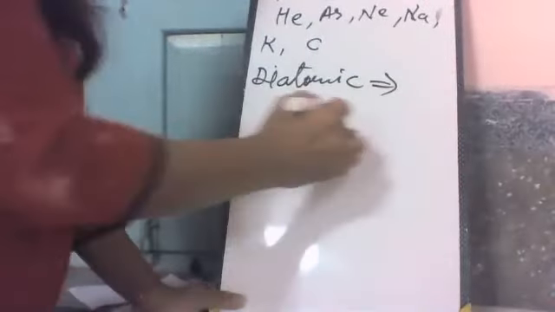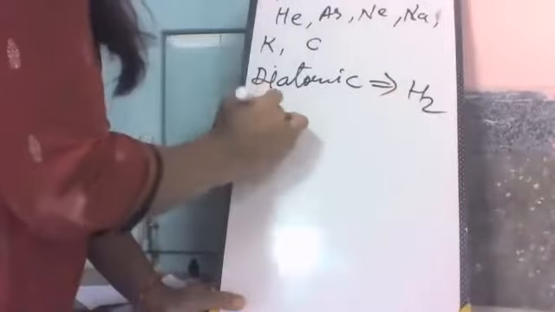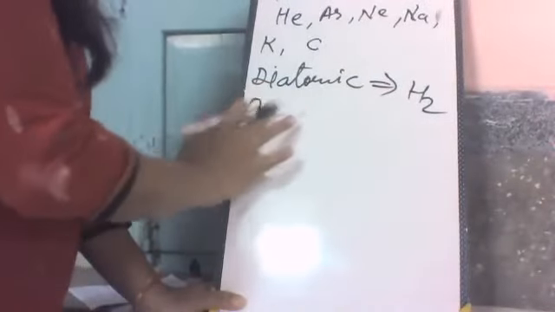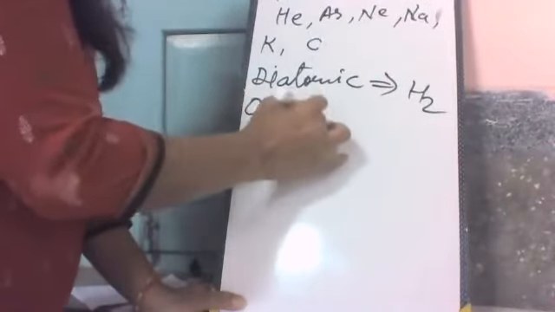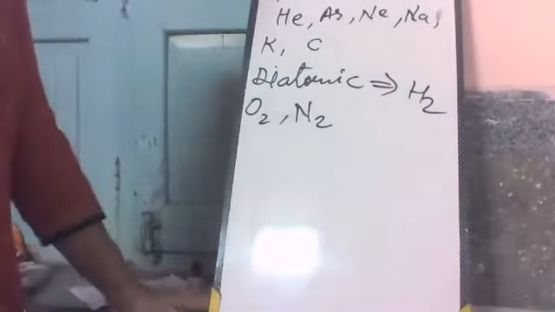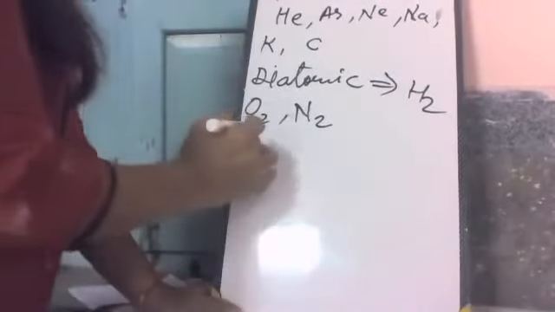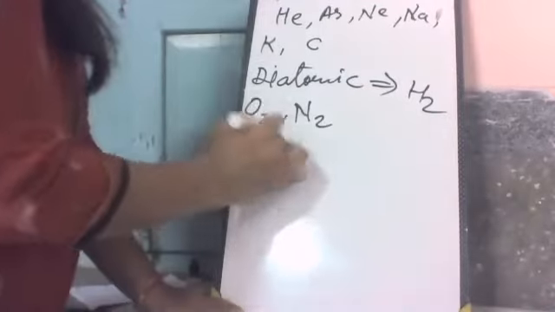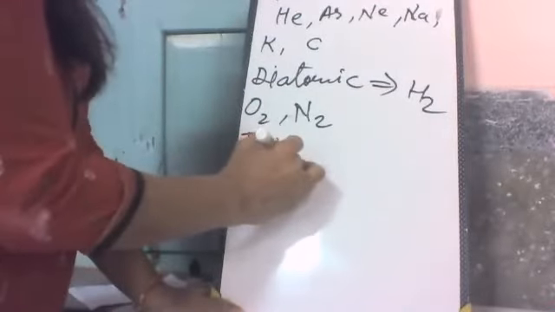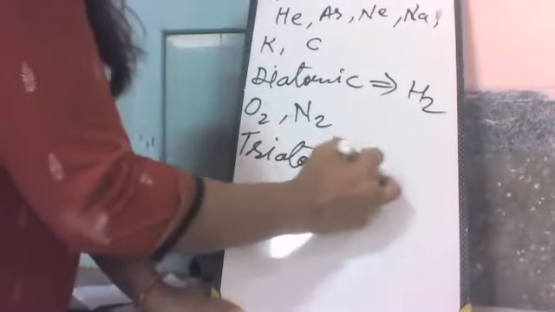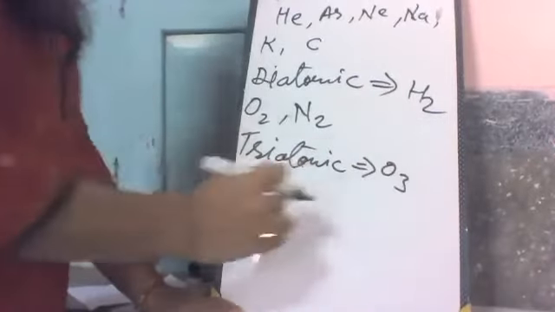Diatomic, having two atoms in their molecule, like hydrogen, oxygen, nitrogen, etc. Triatomic, having three atoms in their molecule. O3 means ozone.